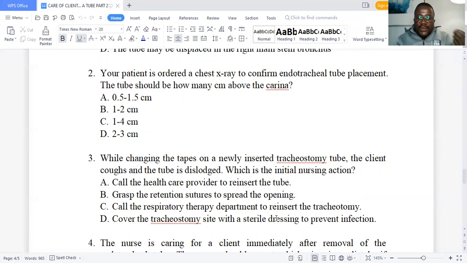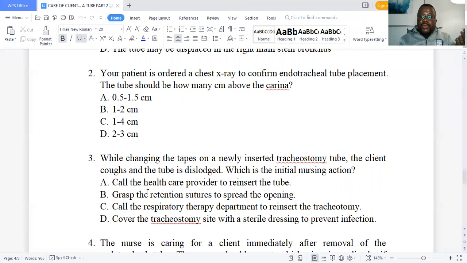Is it necessary? Is that the first thing to do? Cover the tracheostomy site with a sterile dressing to prevent infection. We said, grab the retention suture to spread the opening, resuscitate, and call for help. So B is the right answer.